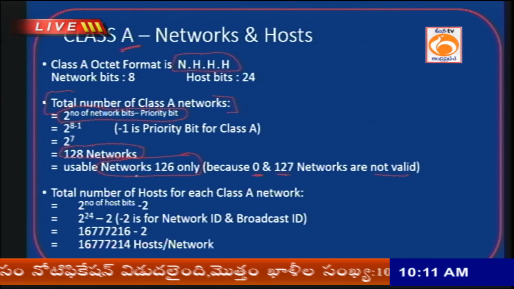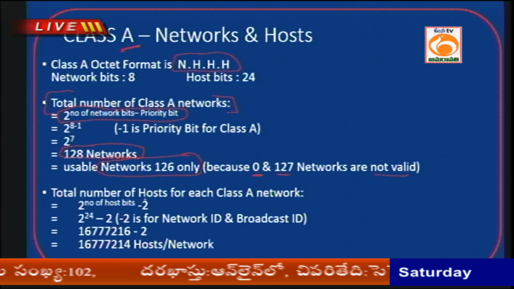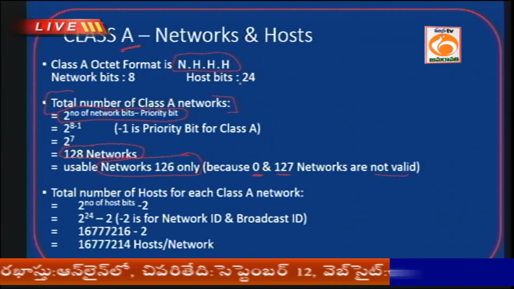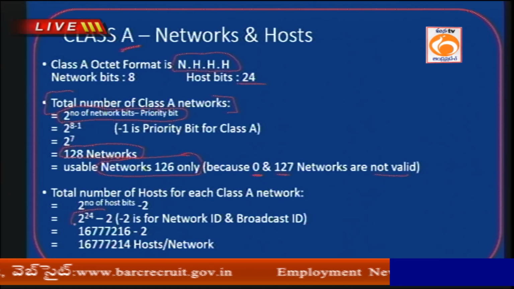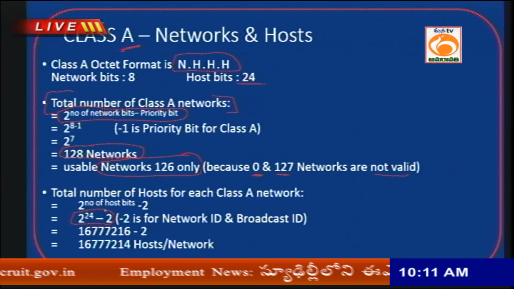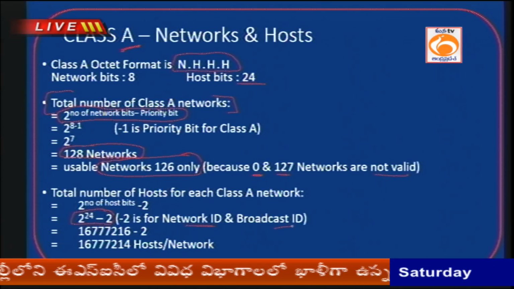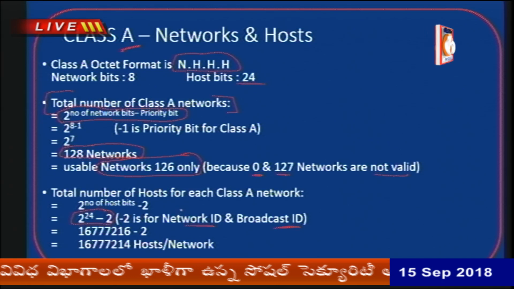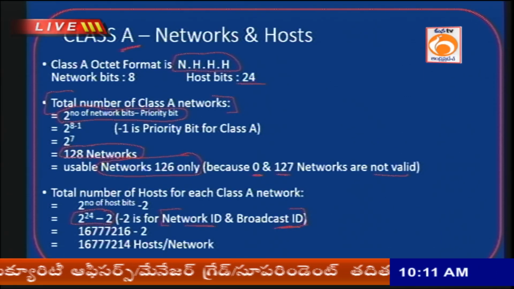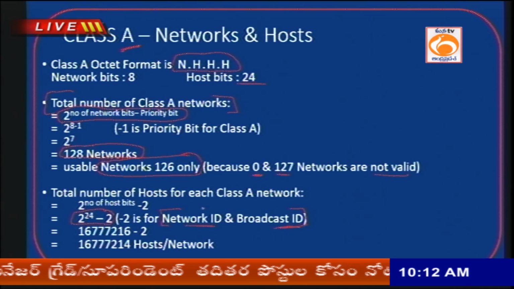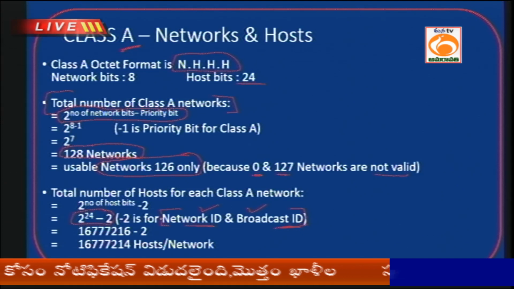But in each network in class A, how many hosts or IPs are possible? We have 24 host bits, so the value is 2 to the power of 24 minus 2. We subtract 2 because one of them is the network ID and the other is the broadcast ID. In the last session we discussed the network ID, broadcast ID and valid IP addresses. The network ID and broadcast ID cannot be used for hosts.